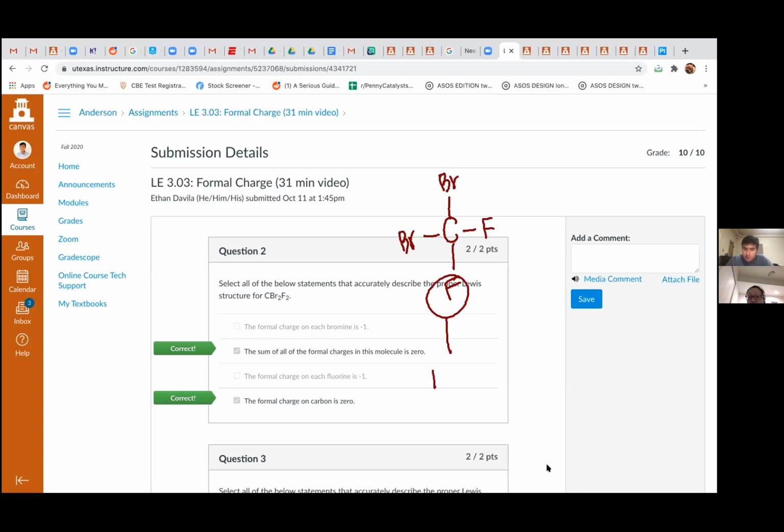So the group number, which is 7, minus number of bonds, which is 1, minus number of electrons. And there's 1, 2, 3, 4, 5, 6.